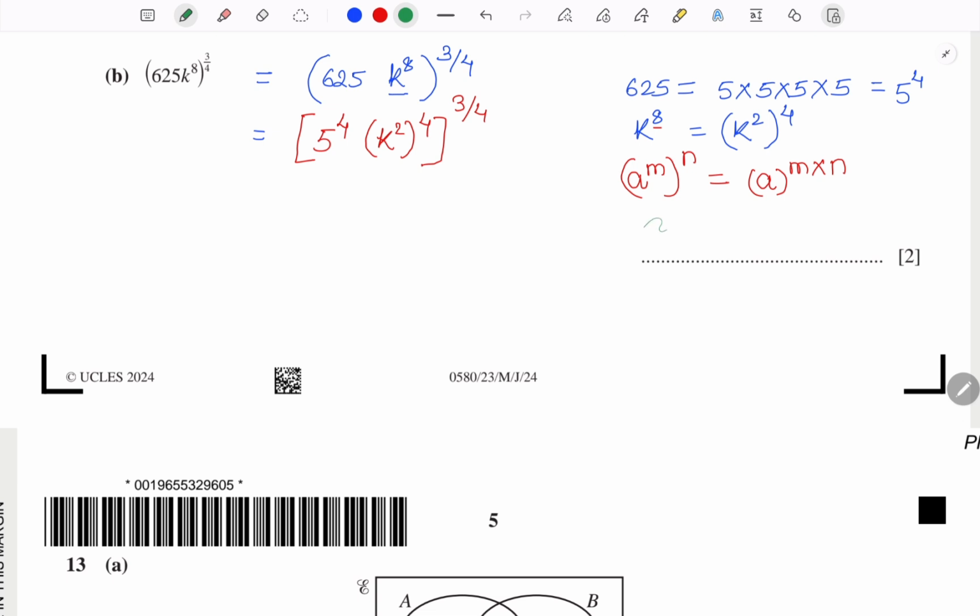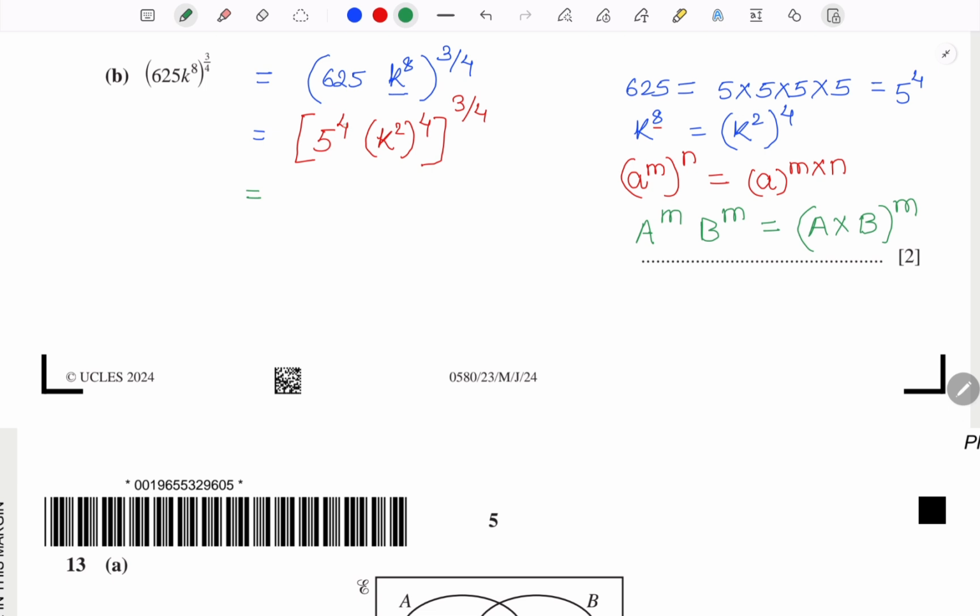Whenever we have something like this, a raised to the power m and b raised to the power m, we can always write it as (a into b) whole raised to the power m. That is exactly what we will use here.